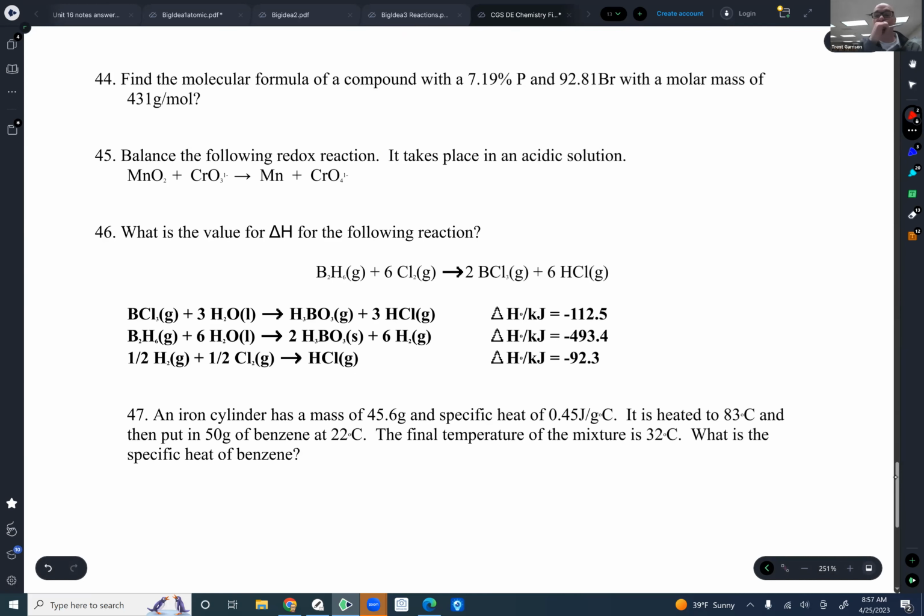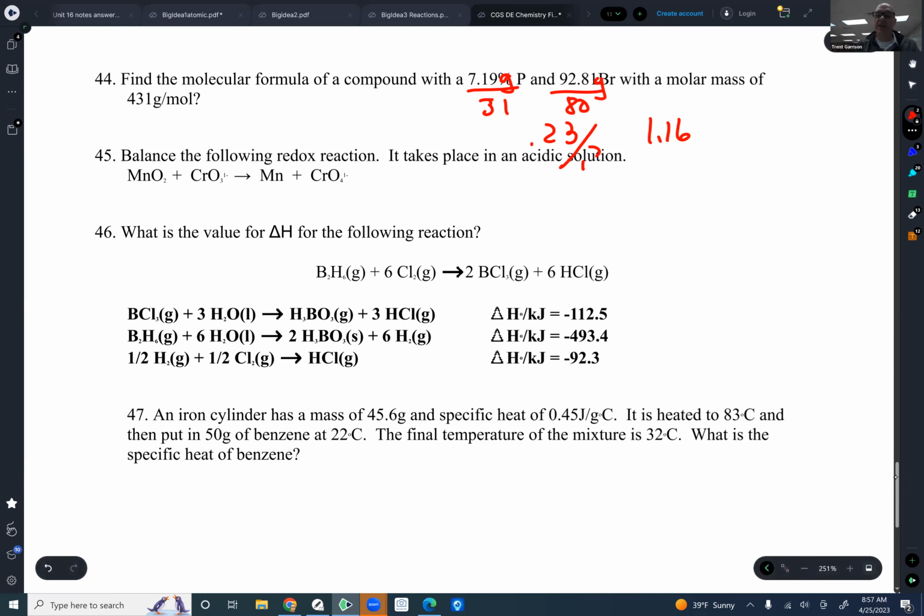Next is a molecular formula problem. So this is an empirical formula to start off with. First step, convert these into grams. So I've got to divide this by the weight of phosphorus, divide this by the weight of bromine. 7.19 divided by 31 is 0.23, and 92.8 divided by 79.9 for bromine is 1.16.